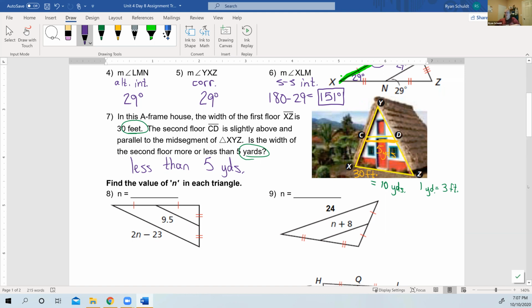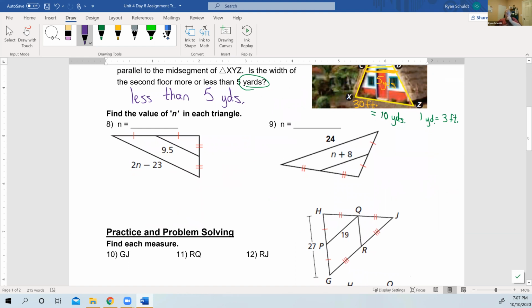Okay, number 8. They ask us to find n. Well, this 9.5 right here, what is it? This is our mid-segment.